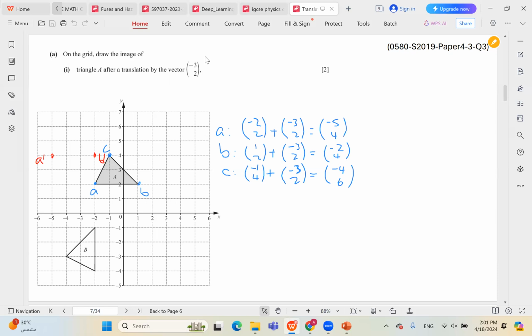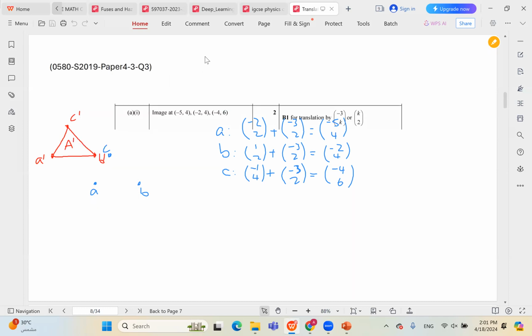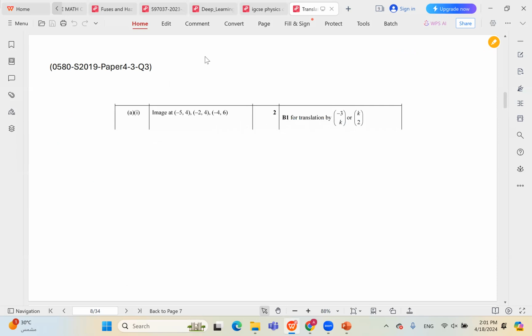This is C dash. And you join them together. And this is the new triangle A, or A capital dash. That would also work. So -5 and 4, -2 and 4, -4 and 6 are the correct answers here.